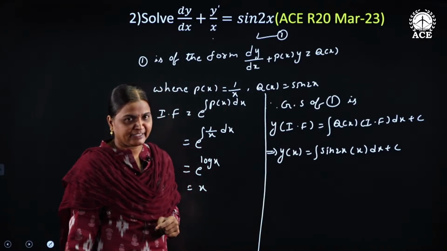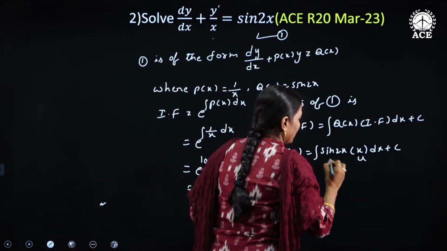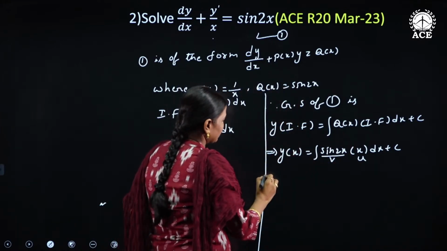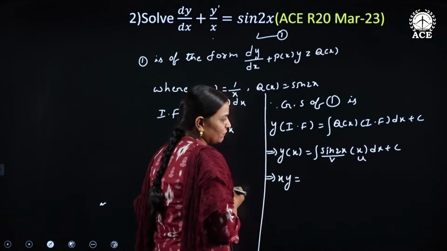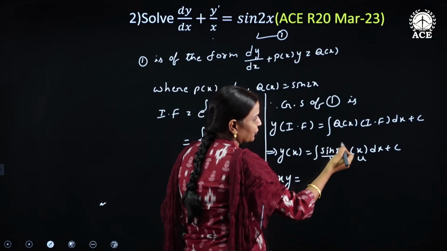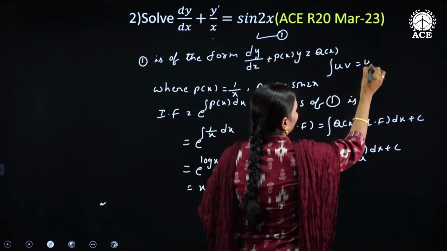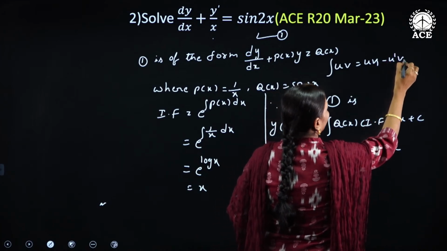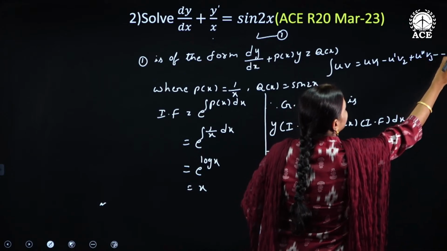Here also apply the integration by parts formula. Let us consider x as u and sin 2x as v. So apply the formula. That implies xy is equal to, the integration by parts formula: integration of uv is equal to u into v1 minus u dash into v2 plus u double dash into v3 minus and so on.